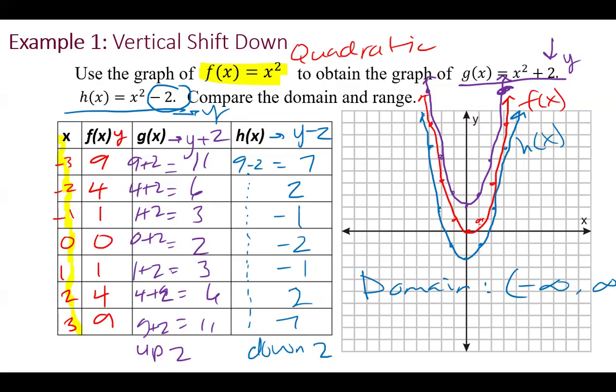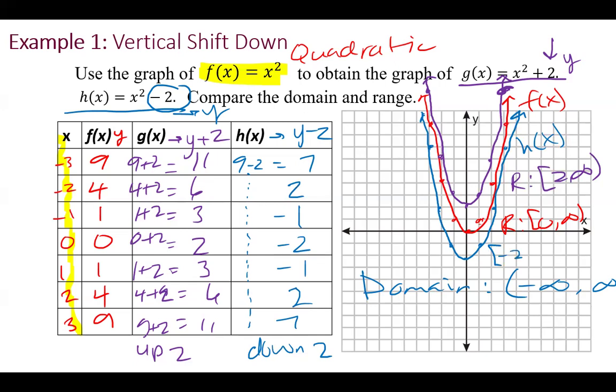For your parent function, your range was 0 to infinity, right? And then for g of x, what did our range start at now? It started at 2. So for g of x, now we're at 2 to infinity. And then for h of x, what happened?